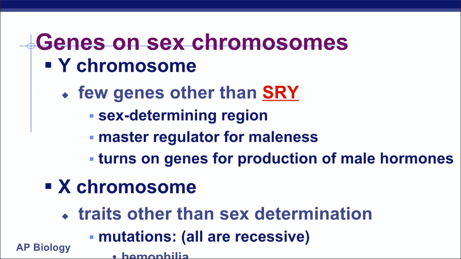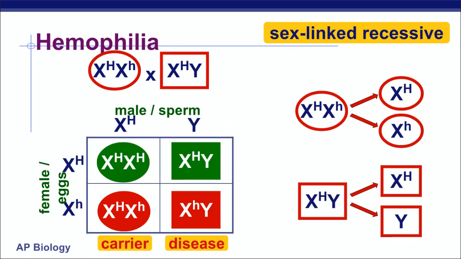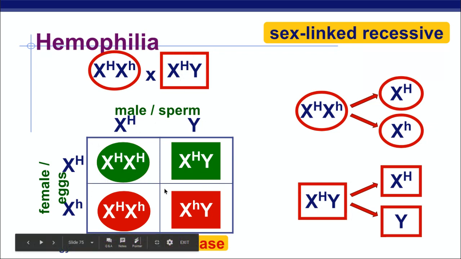Hemophilia is one example. Here's hemophilia right here. A carrier is someone that carries the disorder, in this case the lower-case h, but it's masked by the dominant form, the big H. So we have a female carrier and we cross her with a male that does not have hemophilia, that is normal for hemophilia, and we find the following results.